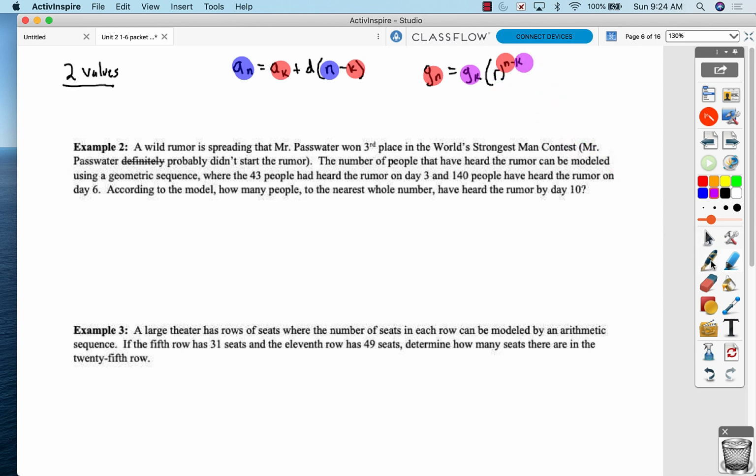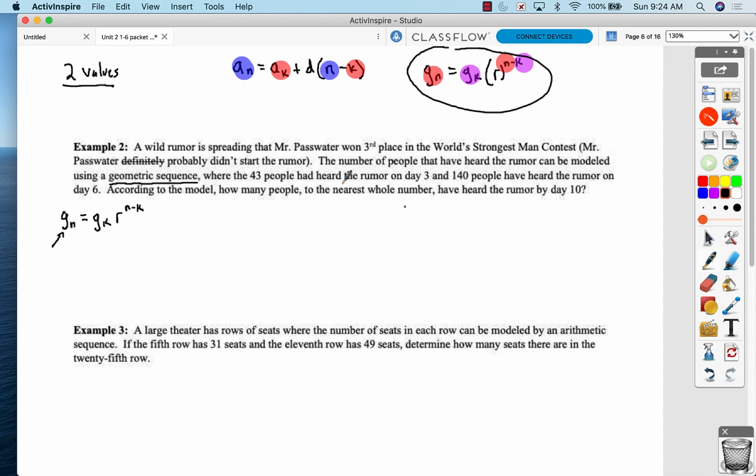Okay, so let's read through this. The first thing I'm looking for is whether they're going to tell us it's arithmetic or geometric. So here we go, geometric. So we're using this formula right here: g of n equals g of k times r to the n minus k.